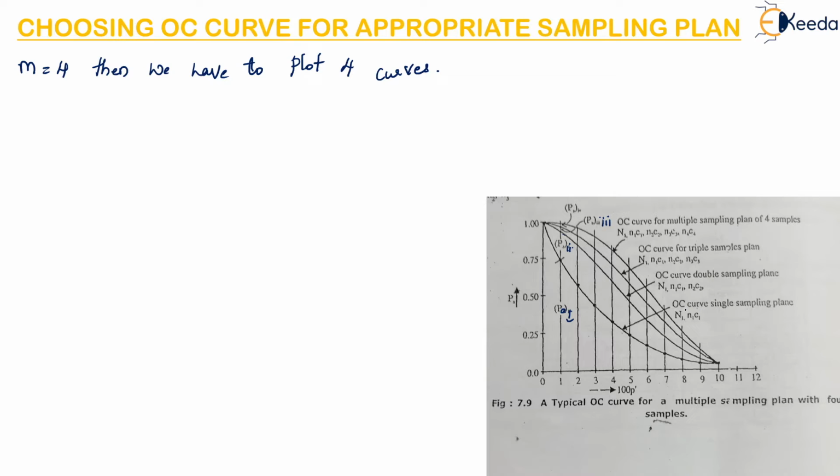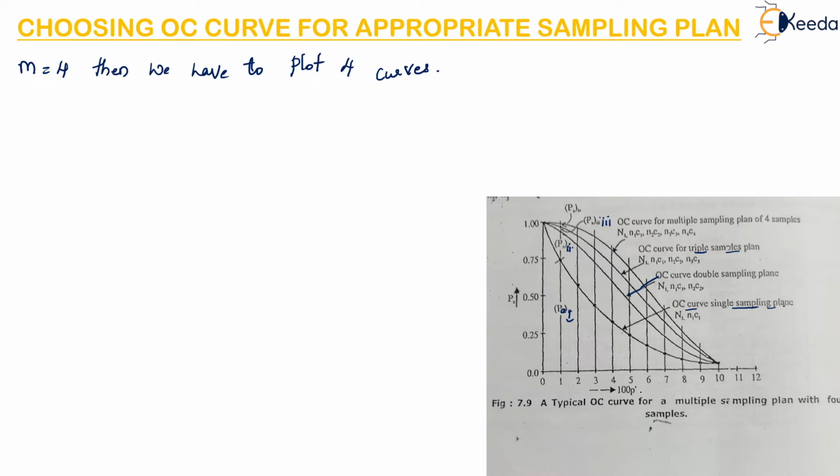Here is the OC curve for single sampling plan, the OC curve for double sampling plan, the OC curve for triple sampling plan, and the OC curve for 4 samples.